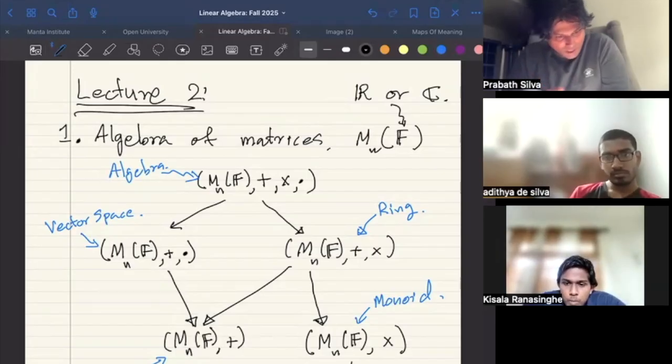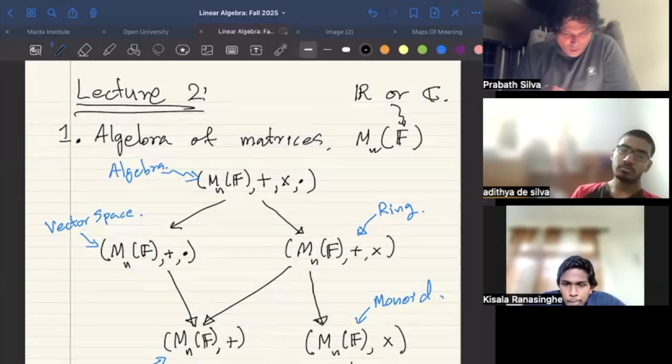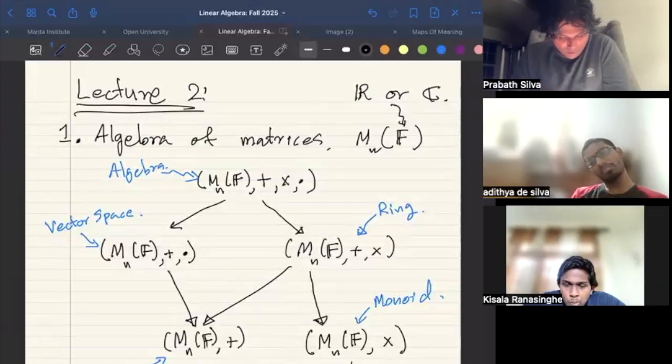But here you cannot reduce the operation because you have only one left.